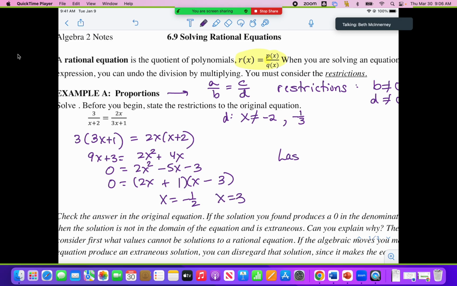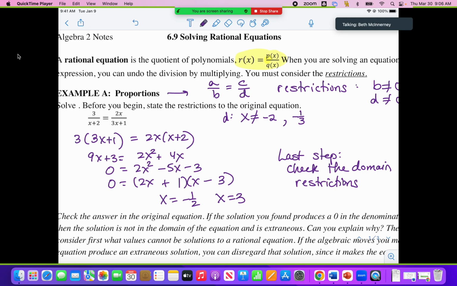Then your last step, check the domain restrictions, because sometimes you can create an extraneous solution. So I'm going to go look. X can't be -2 and X can't be -1/3.